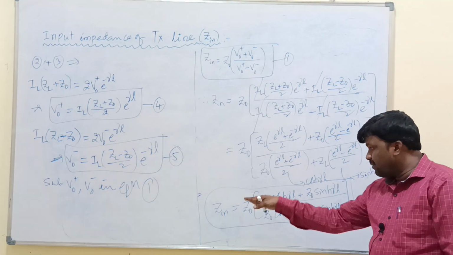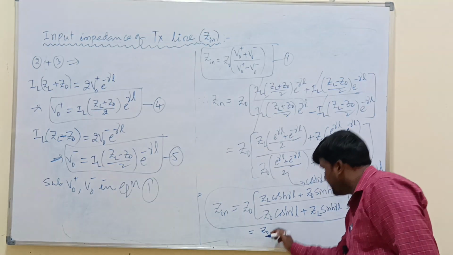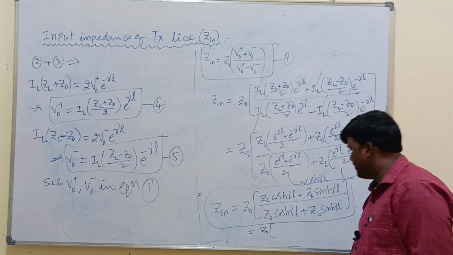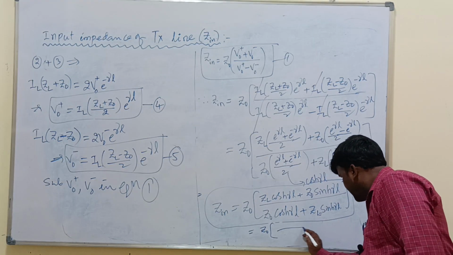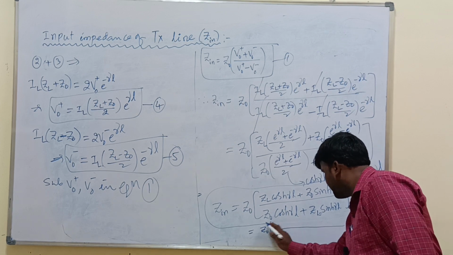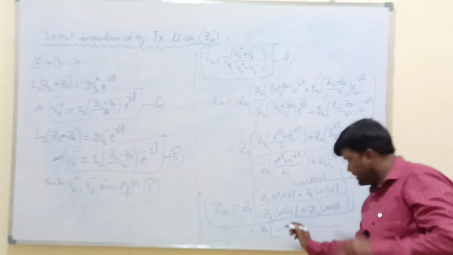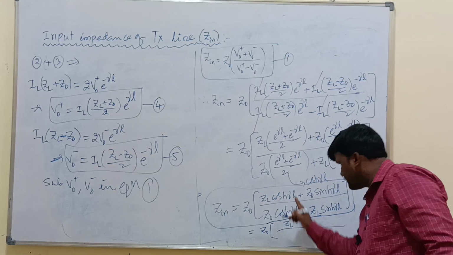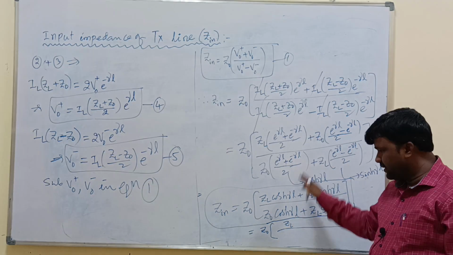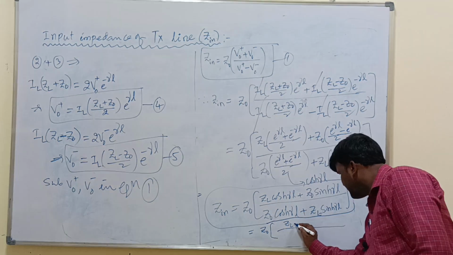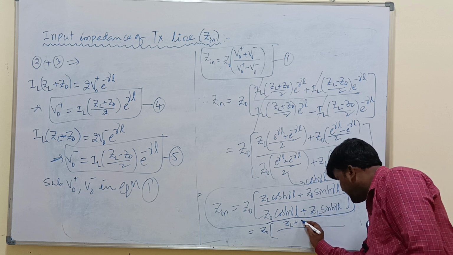Here we can take cosh gamma L as common in the numerator and denominator. Cosh gamma L taken as common in the numerator and denominator will be cancelled. In the numerator, remaining is ZL, and here Z naught into sinh by cosh gives what? Tanh.